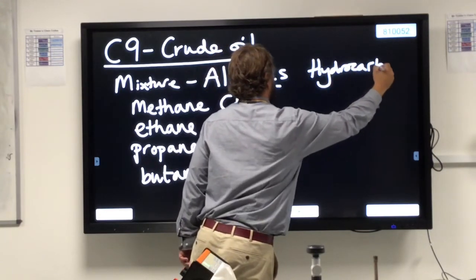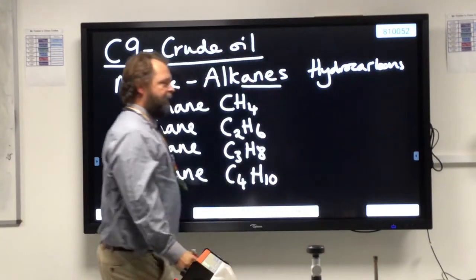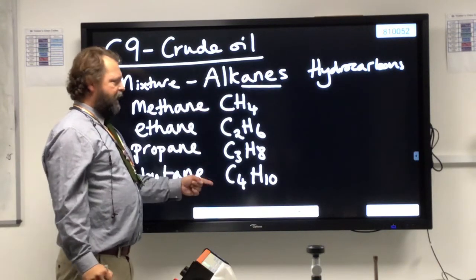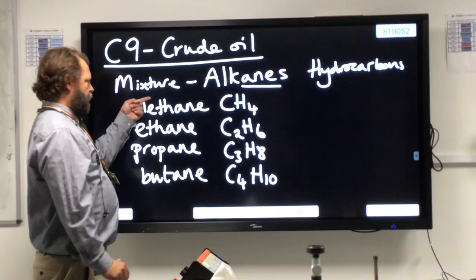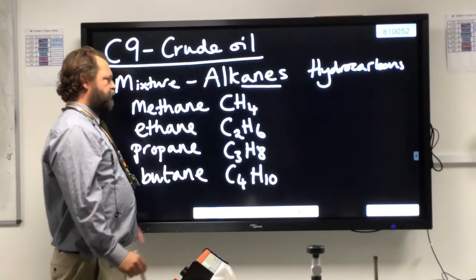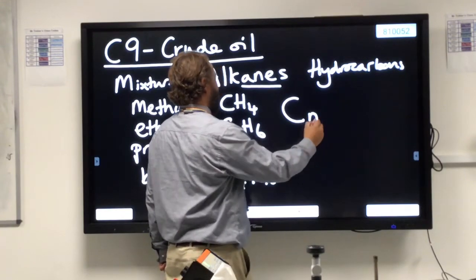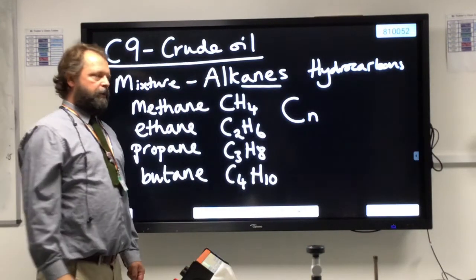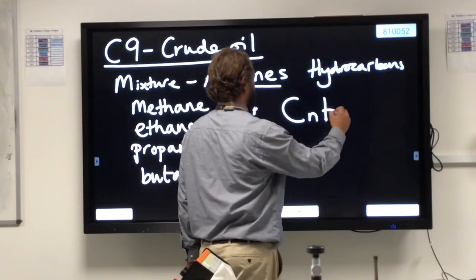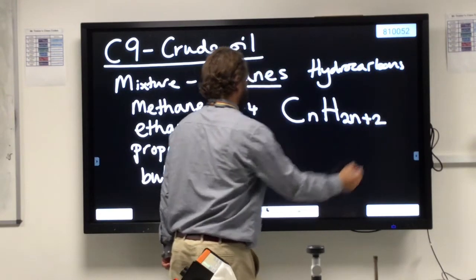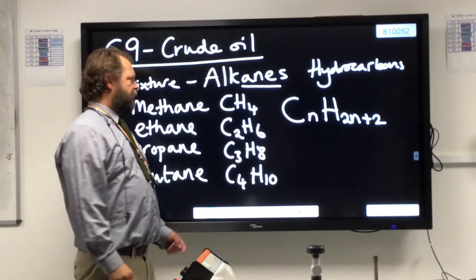They're hydrocarbons because they're only made out of carbon and hydrogen, and they follow a pattern where they all have the same proportions, and we can say for every n carbon atoms there will be twice as many hydrogens plus another 2.